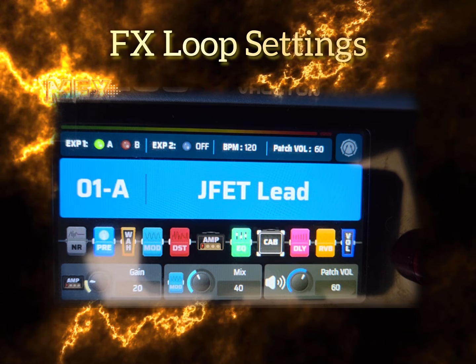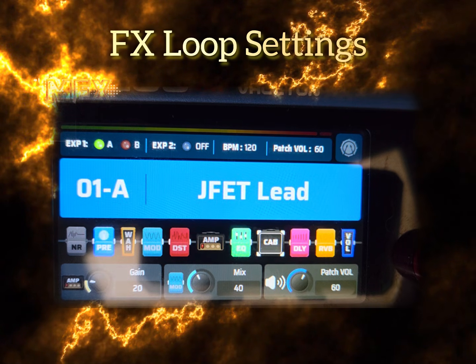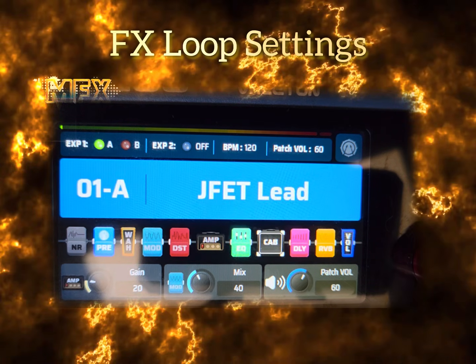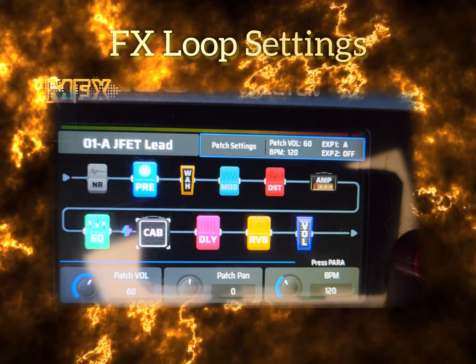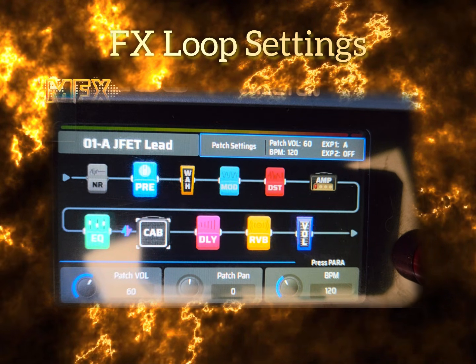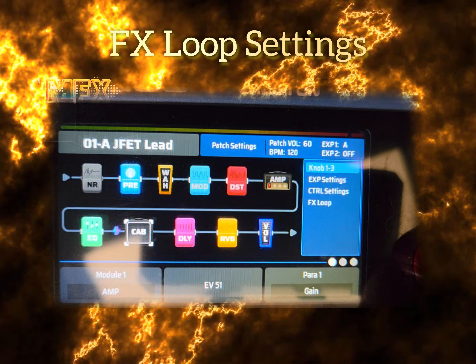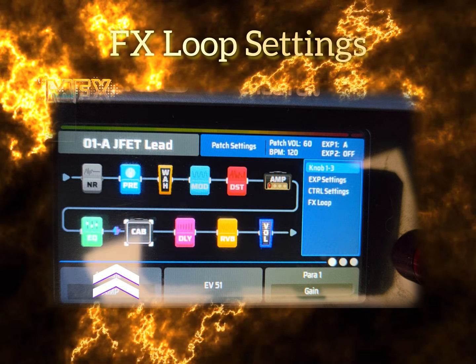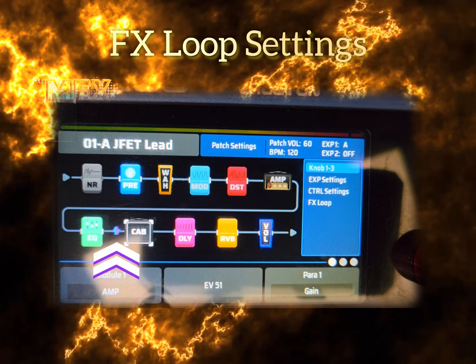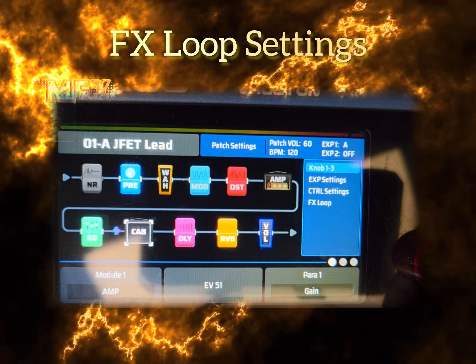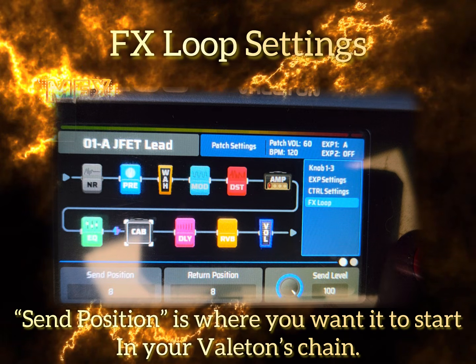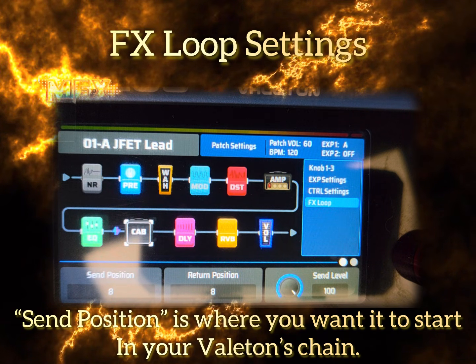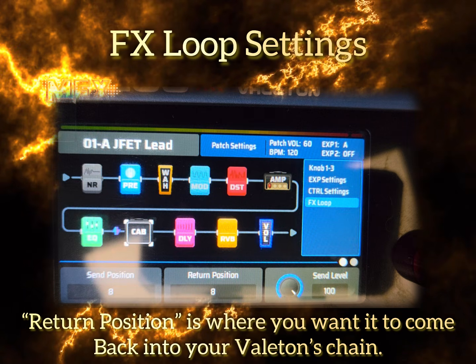Now for the effects loop, however, I've gone to one of my custom patches which houses one of those external overdrives. Now you'll notice the effects loop is located between the EQ and the cabinet. So let's go down to effects loop. You notice send position 8, return position 8.